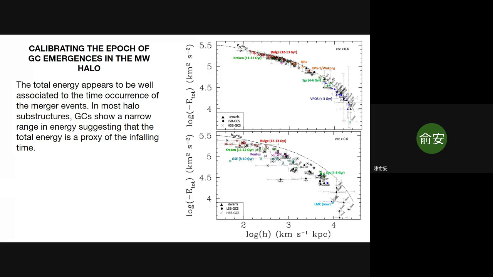So the top panel shows the eccentricity that's lower than 0.6, and the line over here shows the circular orbits. So this makes sense, right? Because lower eccentricity means circular orbits, they fit close to the line, and these objects have higher eccentricity and are therefore lower than the line.